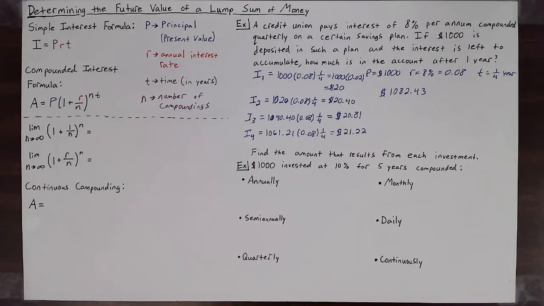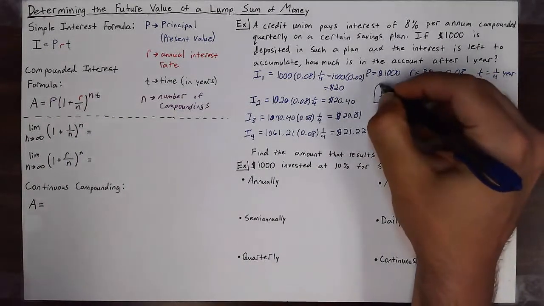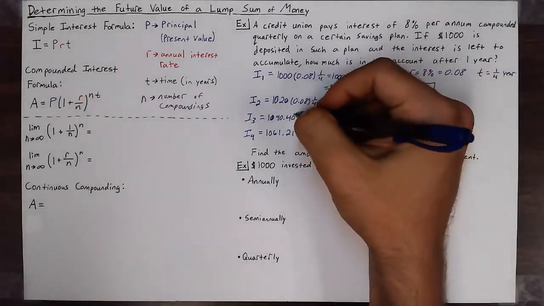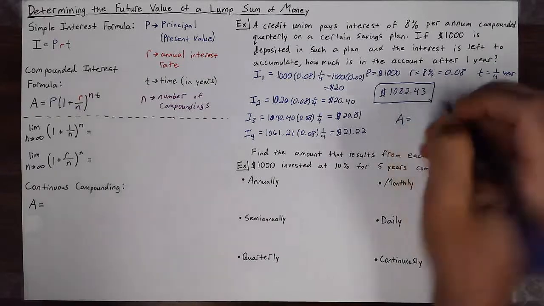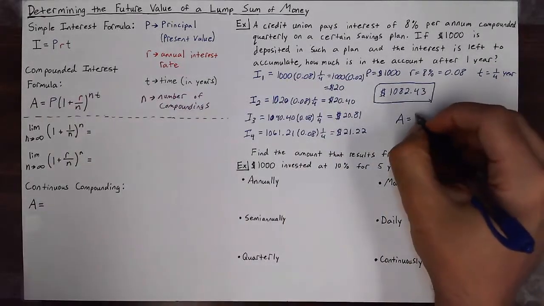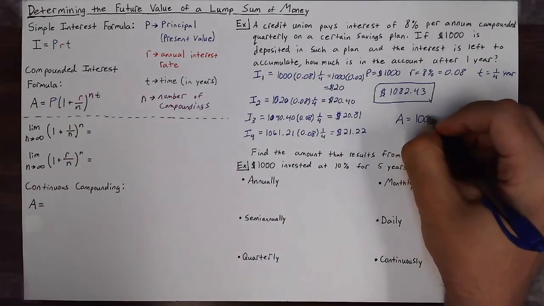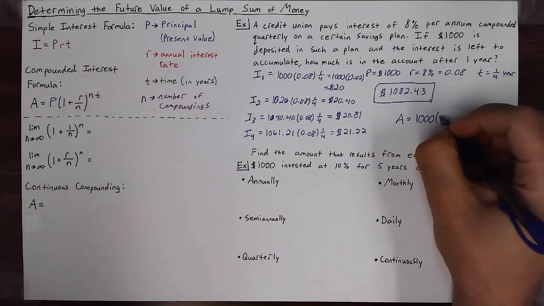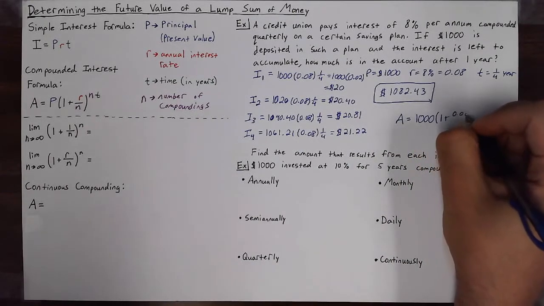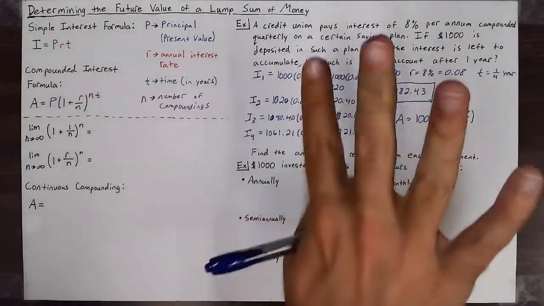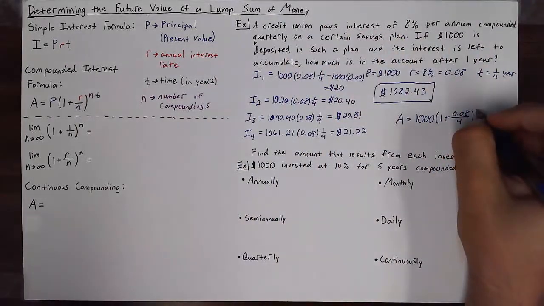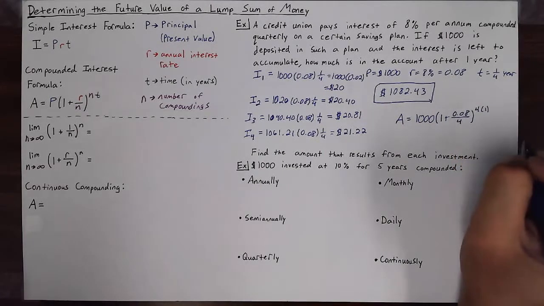Now, if we use this formula on the previous problem, instead of having to go through this process 4 times to get the answer, using this formula, A usually represents a future value.